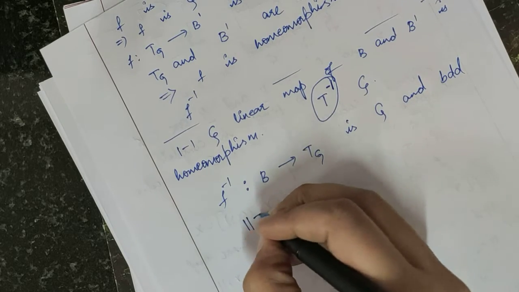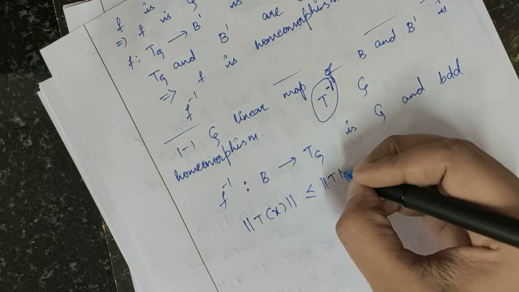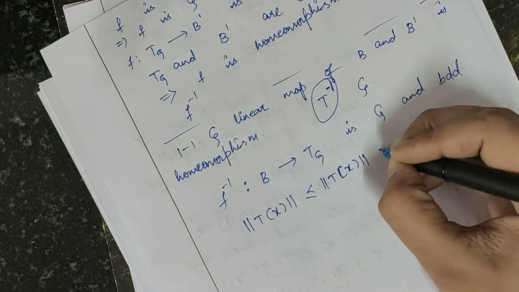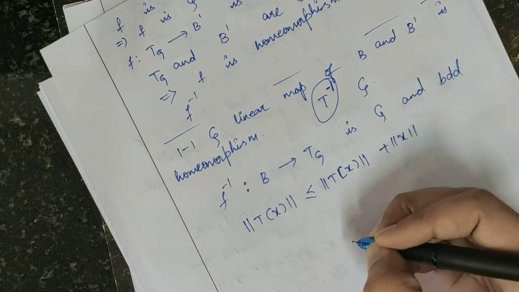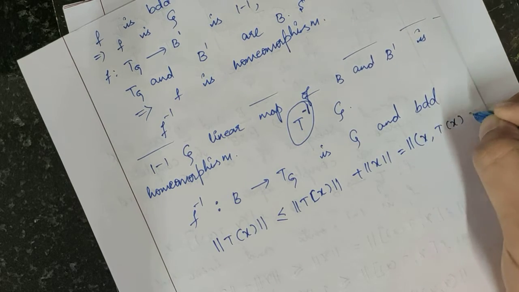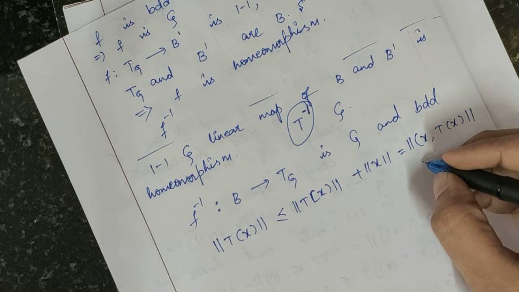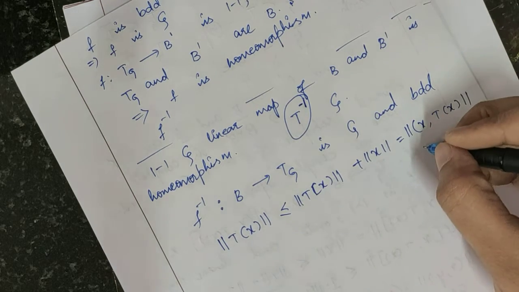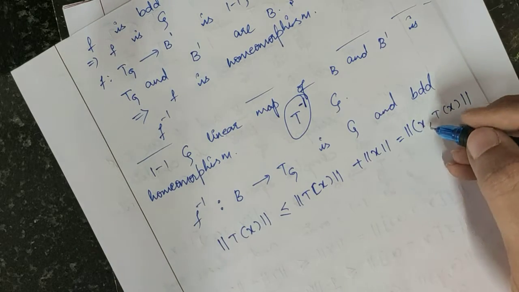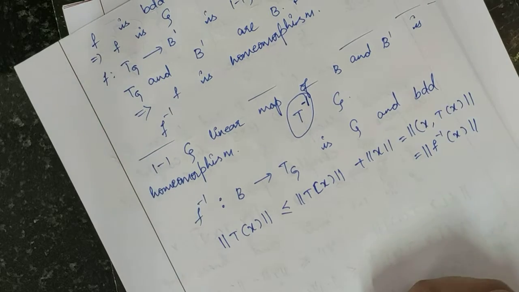That means I can write norm T of x is less than or equal to norm T of x plus norm x. So this is nothing but norm x comma T of x. So norm x comma T of x is nothing but, from this mapping, norm f inverse of x.